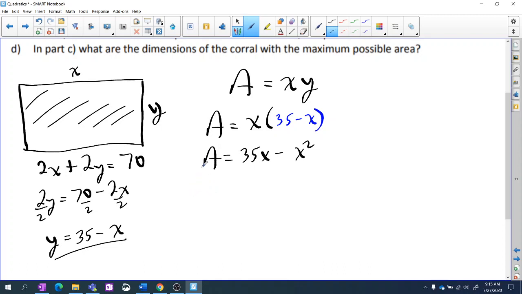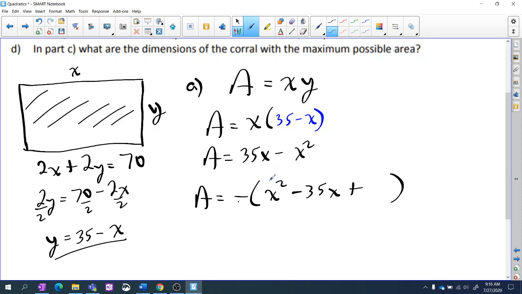So this is part A. We're ready now to put this in vertex form. So factor out your negative. This would normally have been a plus 35x, but it's going to switch to minus 35x. That times that would give you your negative x squared, and a negative times a negative would make the positive that you're supposed to have here.